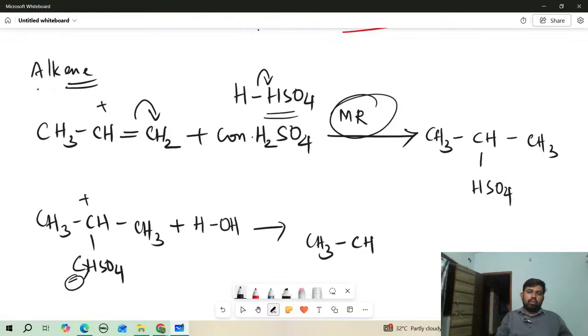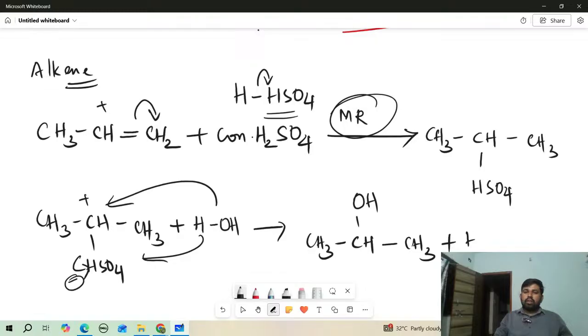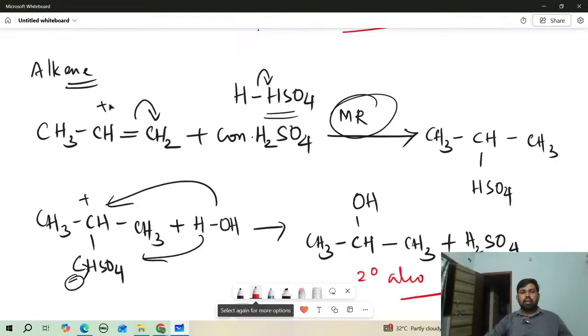The nucleophile will attack the positive charge here. It forms CH2, remaining is CH3, and this hydrogen will attach here. It gives H2SO4, whatever we had earlier. Now here we got a secondary alcohol.